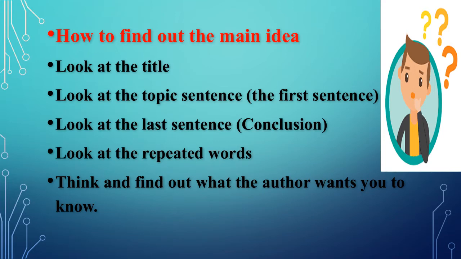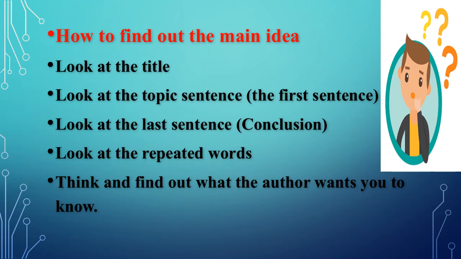So again, if you need to know the main idea, it could be mentioned in the title, so you need to look at the title. If not, look at the topic sentence or the first sentence of a text or paragraph or story, or the last sentence that tells you about the conclusion or the results and the outcomes of the story or text, or the repeated words or phrases, because they tell you that this is very important, that's why it's repeated.